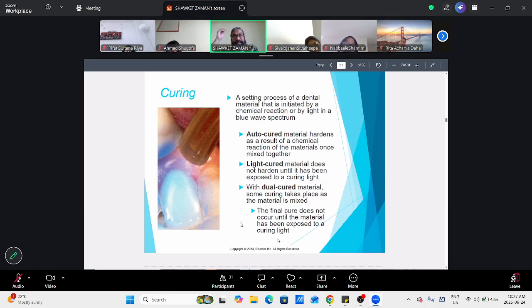But once the transfer is done, and the dental surgeon has placed the material inside the patient's mouth, before placing it in the patient's mouth, that was the working time. But once we place it in the patient's mouth, then we want the material to set. The reason is the oral cavity is not a good environment for the material to set, but we want it to set.